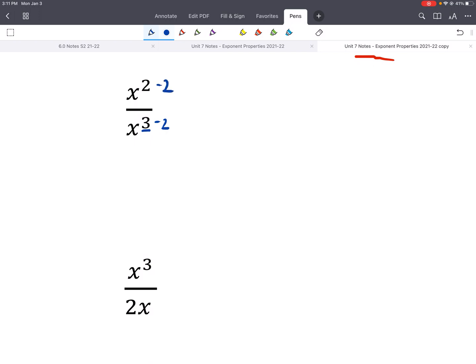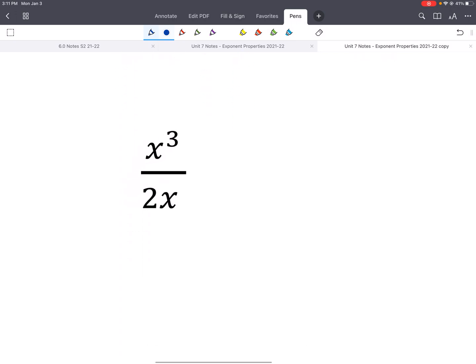All right? So we'll do that. We can do it top to bottom, and it keeps it balanced. We haven't changed anything. But x to the 2 minus 2, that's just x to the 0, or that's just 1, right? So x to the 0 is 1. And on the bottom, we would end up getting x to the 1. So we get 1 over x to the 1.